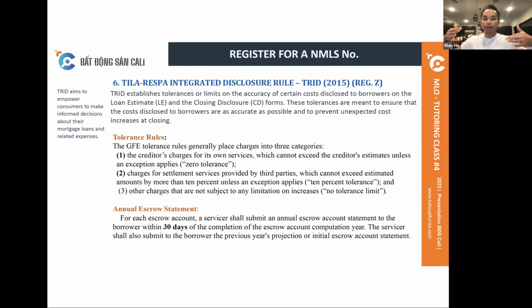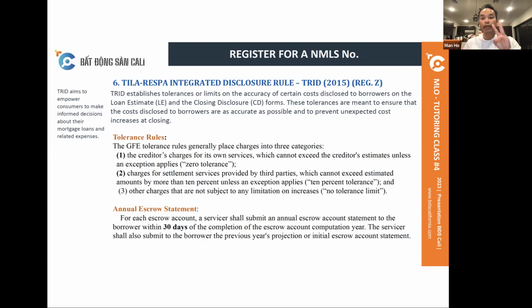Some costs have some tolerance. Tolerance means that it can be changed, or it cannot be changed, or it can only be changed by a certain percentage. So whatever you tell on the CD, the majority of the time needs to be accurate, but some items can be changed.